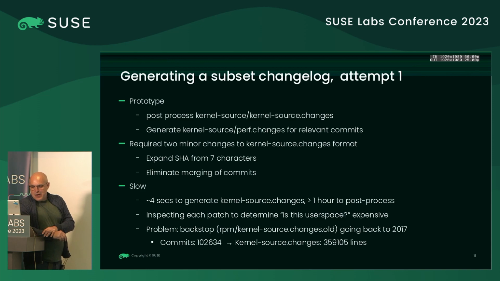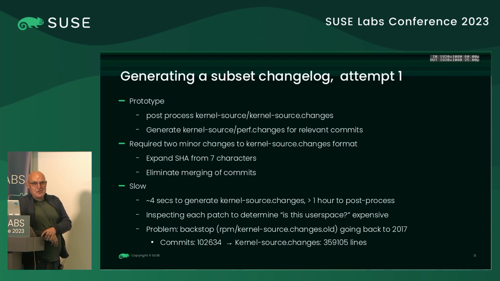One of the things that makes this worse, in that 4 seconds, the rev-list is actually 102,634 commits, and every single time you run scripts.tar, we regenerate that kernel-source.changes all the way back to the backstop in kernel-source.changes.old. And it's not entirely clear to me why we do that.